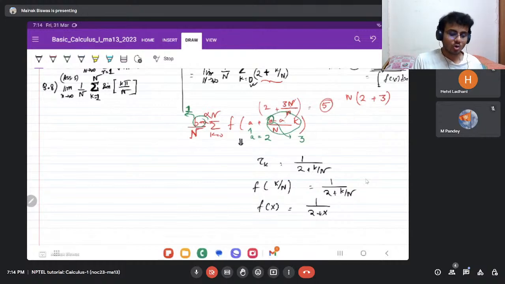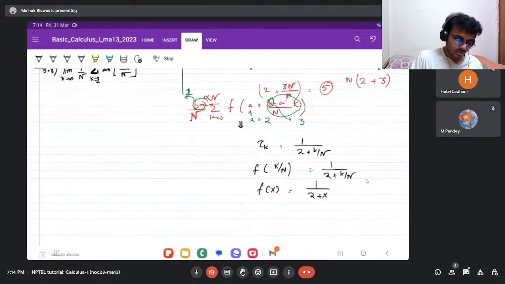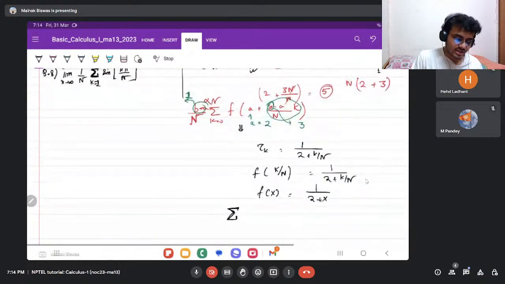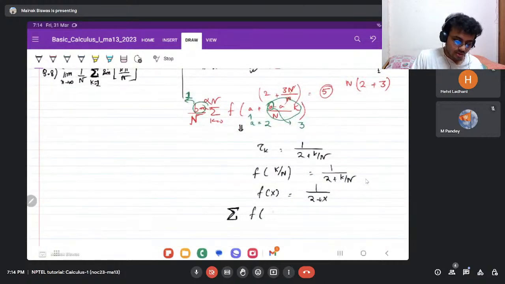Now your k can go to any limits. So your sum will become, you can write this as f of 0 plus (b minus a) by n into k. Agreed?